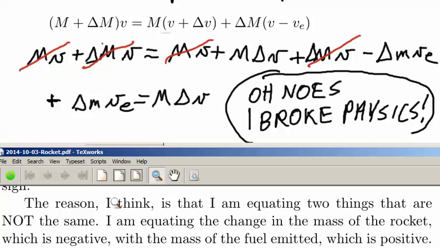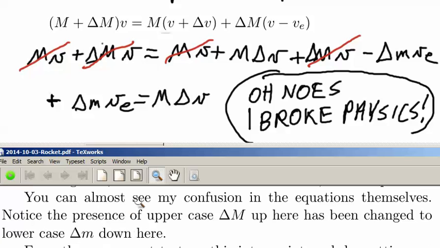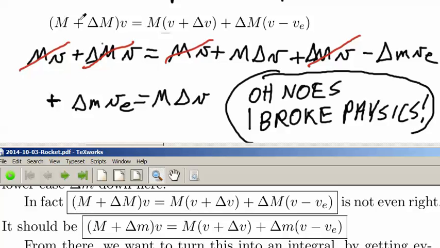The reason, I think, is that I'm equating two things that are not the same. I am equating the change in the mass of the rocket, which is negative, with the mass of the fuel emitted, which is positive. You can almost see my confusion in the equations themselves. Notice the uppercase delta M up here has been changed to lowercase delta little m down here. In fact, this equation, m plus delta m v equals m v plus delta m v minus v sub e, is not even right.